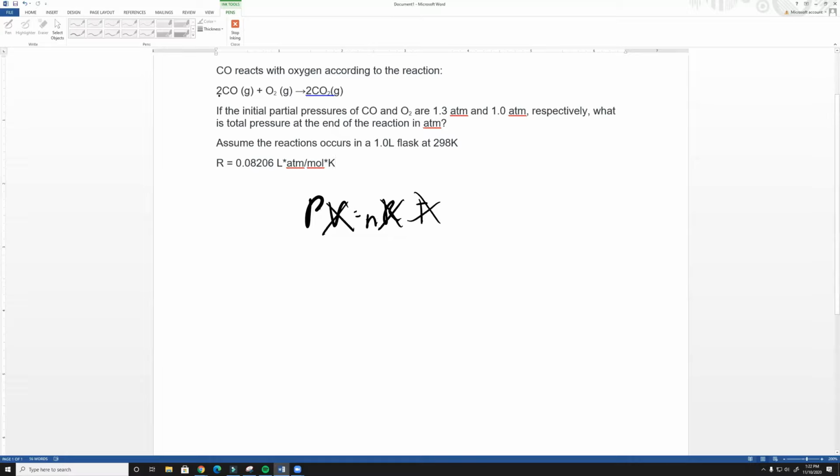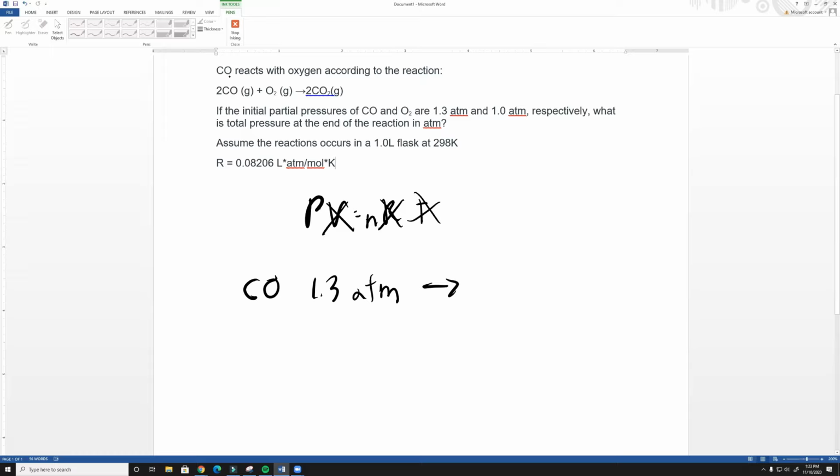So here's what I mean. If we have our reaction, we can rethink this equation as, instead of 2 moles, we can say 2 ATM of CO react with 1 ATM of O2 to create 2 ATM of CO2. That's very important for these type of questions. So if we have the initial partial pressure of CO as 1.3 ATM, how much product is that going to make?